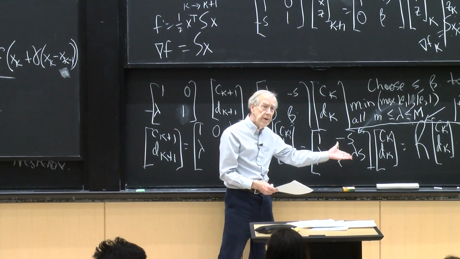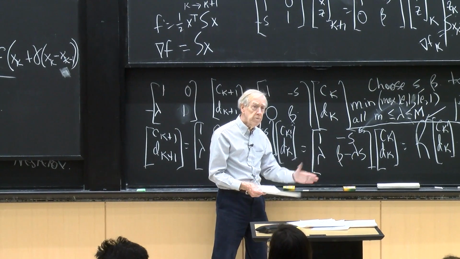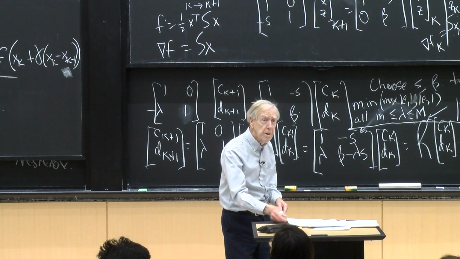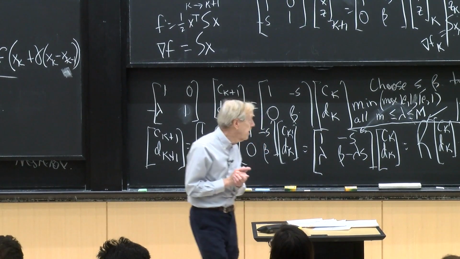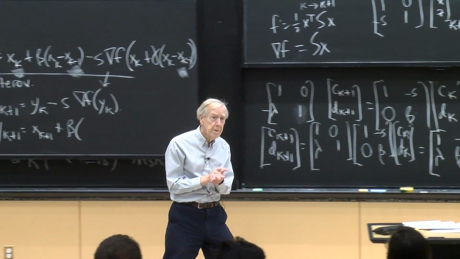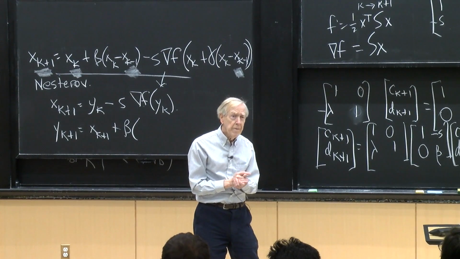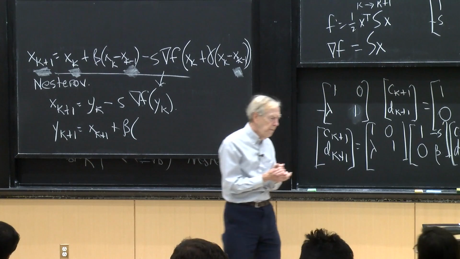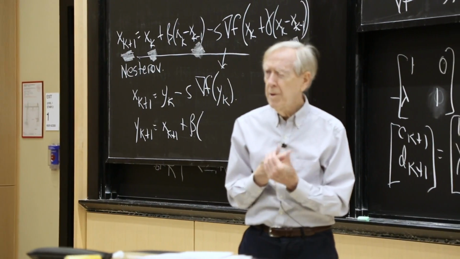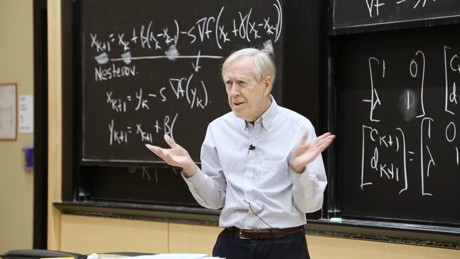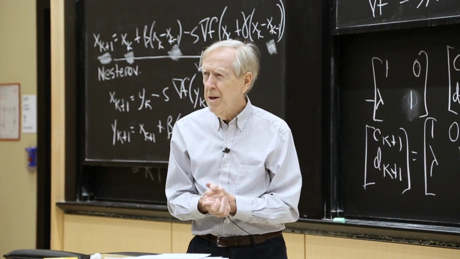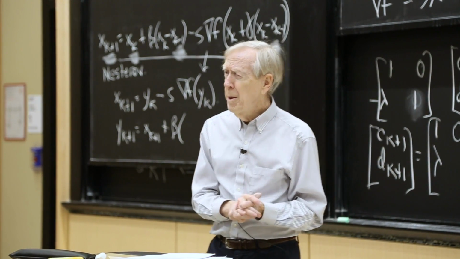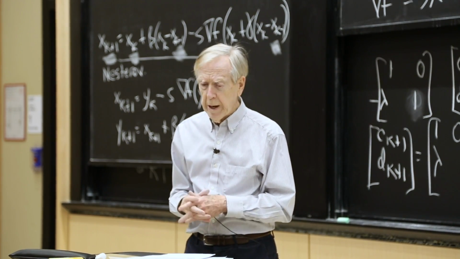You find the eigenvalues of the matrix. You make those eigenvalues as small as possible, and you have optimized the coefficients in Nesterov. Okay, that's a lot of algebra that's at the heart of accelerated gradient descent. And of course, it's worth doing because it's a tremendous saving in the convergence rate.